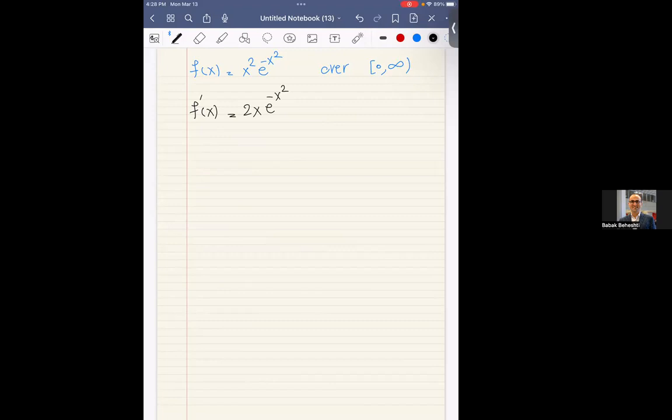And then what is the derivative of e to the power minus x squared? The derivative of e to the minus x squared is minus 2x e to the minus x squared. So you have plus x squared times minus 2x times e to the power minus x squared. Which is equal to, if you factorize 2x e to the power minus x squared, you get 1 minus x squared.